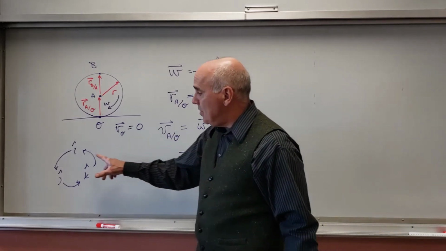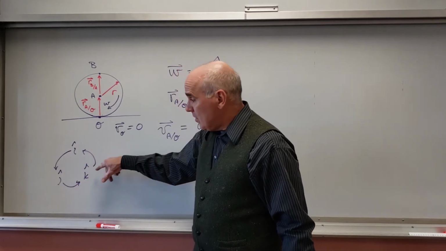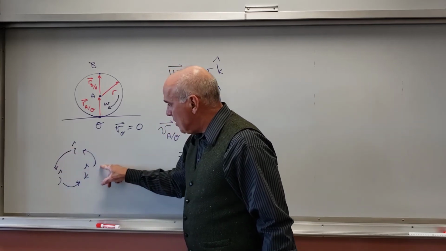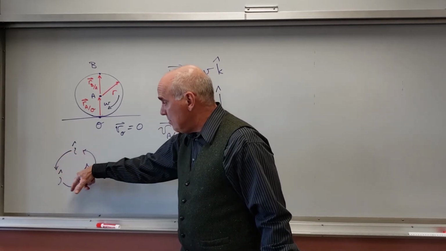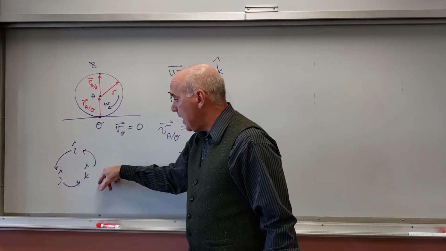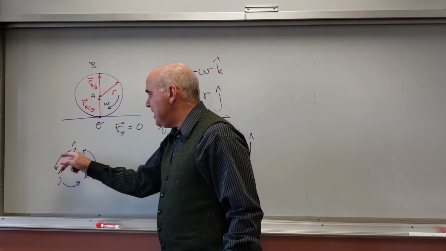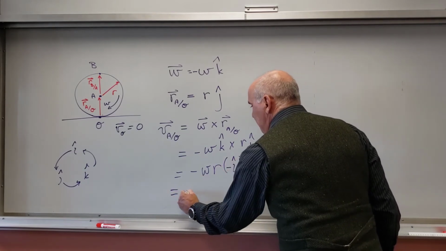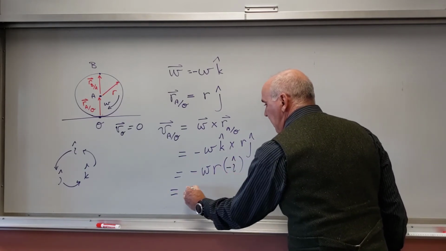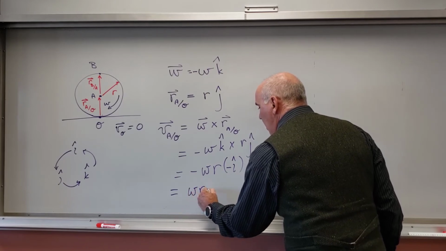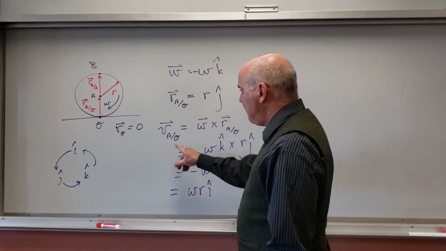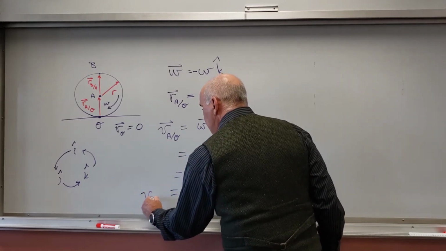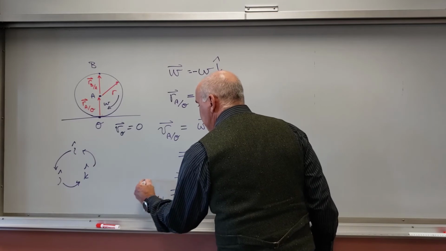If I go back to my cross product unit circle, k cross j is i, but I'm going in the wrong direction. The arrows, remember, point counterclockwise, i, j, k. So k cross j is negative i. So there's a negative i hat here, and so my velocity is actually negative, and negative times negative is positive. It's omega R i hat. So the velocity of A with respect to O is omega R i hat, that vector value.